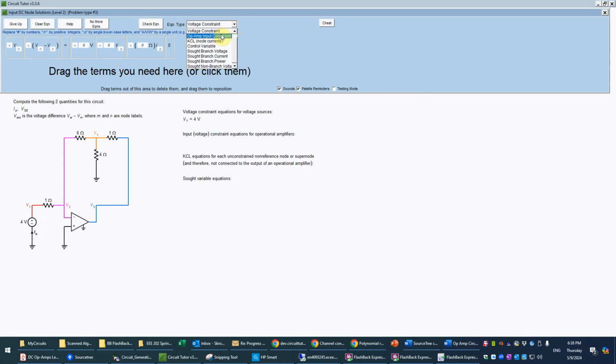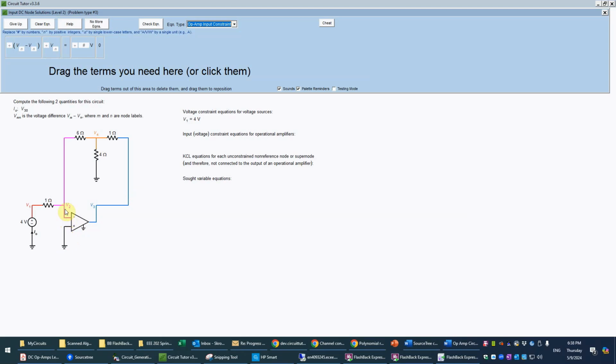Then the next type of special equation that we have for op-amp circuits that we don't have for non-op-amp circuits is the op-amp voltage input constraint equation, which reflects the fact, as I already said, that the voltage of the two inputs is forced to be the same by virtue of the feedback of the op-amp circuit. And so what that really means is, because this positive voltage is being held at ground, the negative side is also effectively being held at ground, even though it does not have a direct connection or any current flowing to ground.